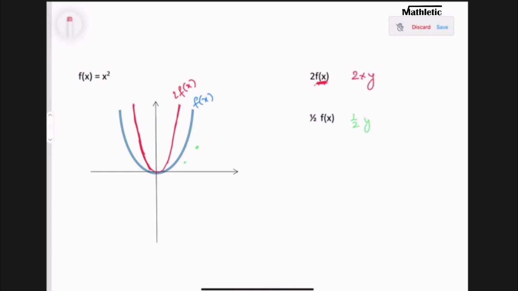So the coordinates will be at a lower level, but the 0 will still be at 0 because 0 times half is 0. So this is the curve which is a flatter one, right? In this case, the green one is a flatter one and the red one is a steeper one. So this is half of f of x.